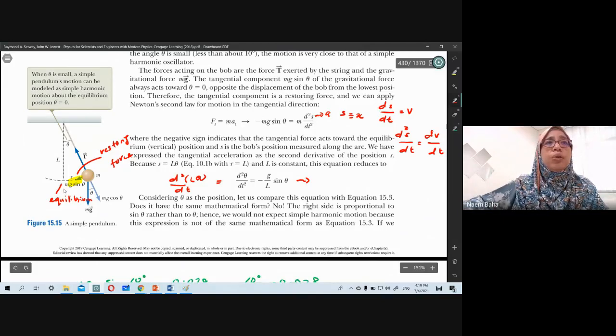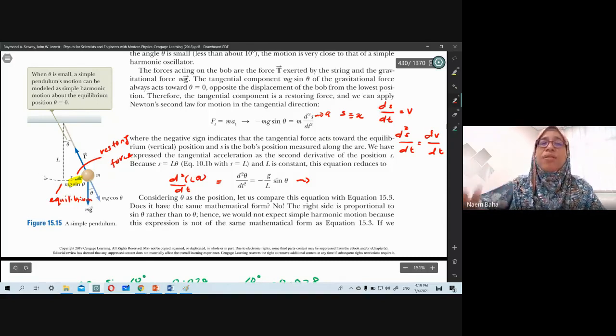Being back and forth, we will find there is a force in the direction parallel to the motion shown by this book. Look at figure 15.15, mg sine theta. This is the force that enables this bob, or this mass, to swing back and forth, to the right and to the left.